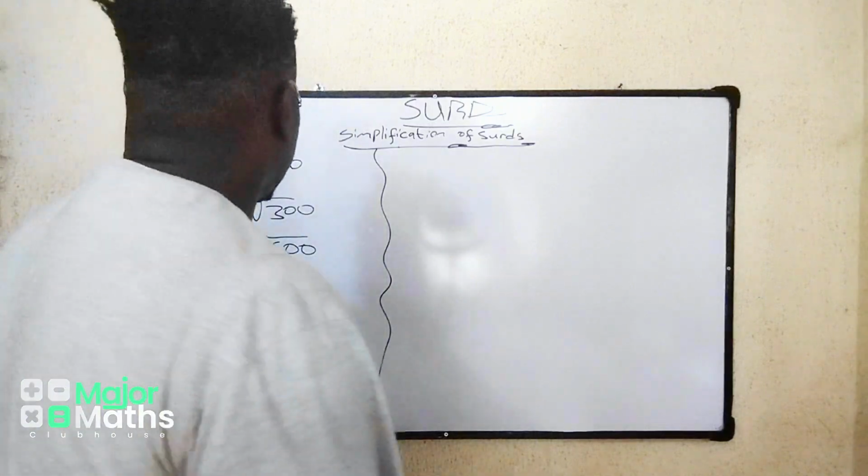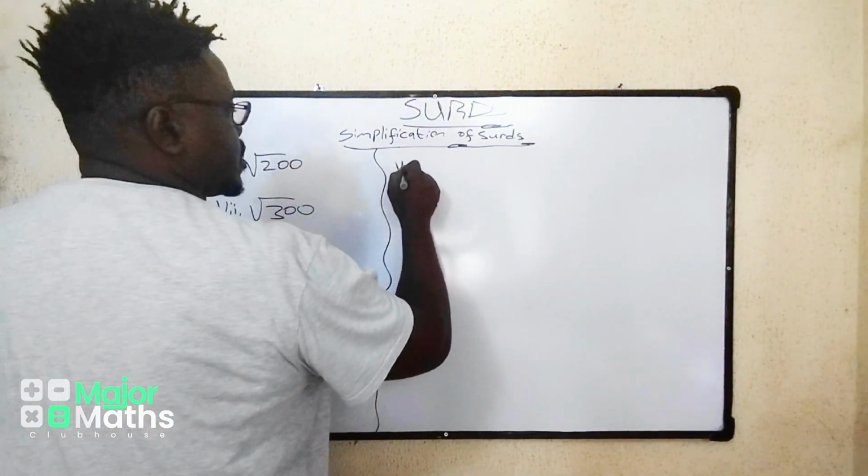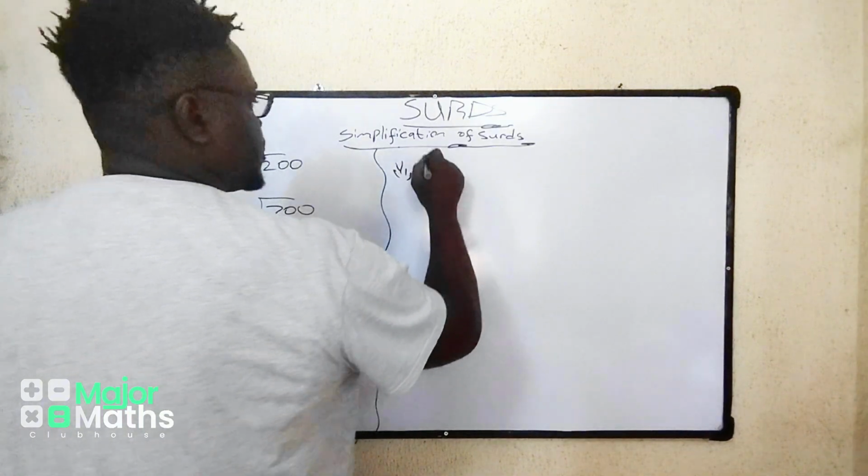All right, so we'll commence with root 200.